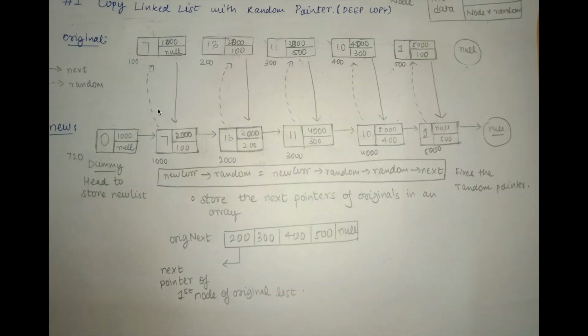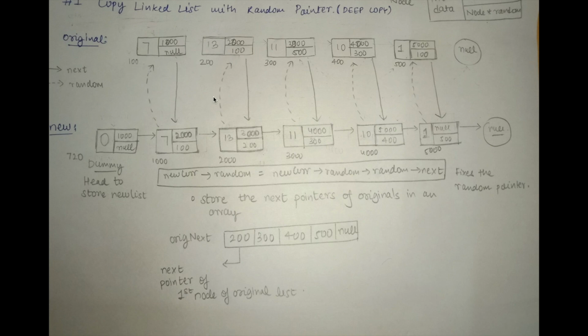Now let's take an example of how the random pointers of the new nodes are going to be fixed. We'll make a new cursor. New cursor is an iterator which will visit each and every node in the new linked list and will try to fix its random pointer. So let's say the new cursor visits 13, and it will try to set the random pointer to 7, because 13's random in the original list is pointing to 100. 100 is this node which has 7.